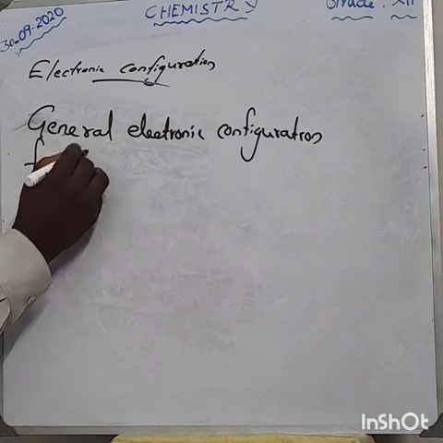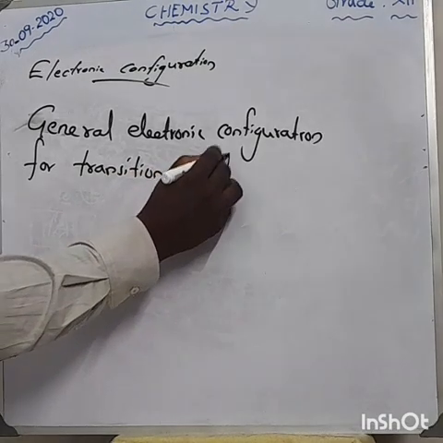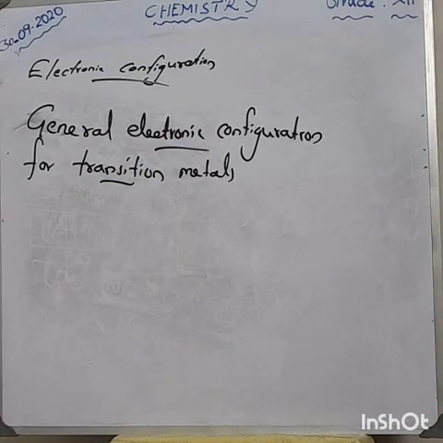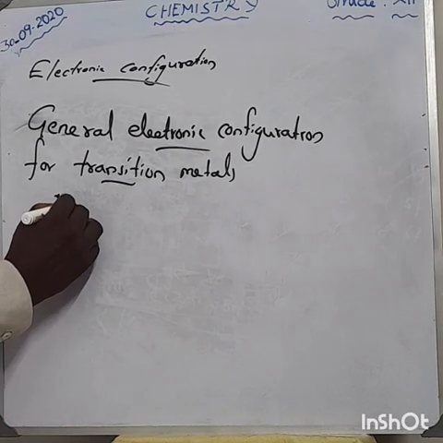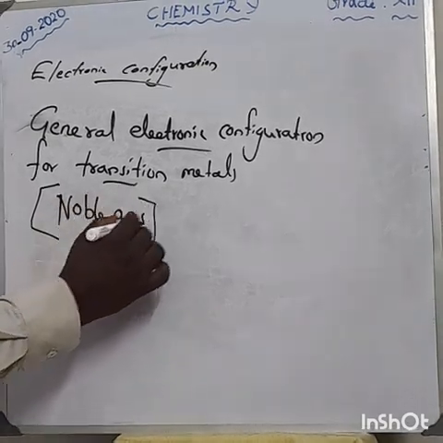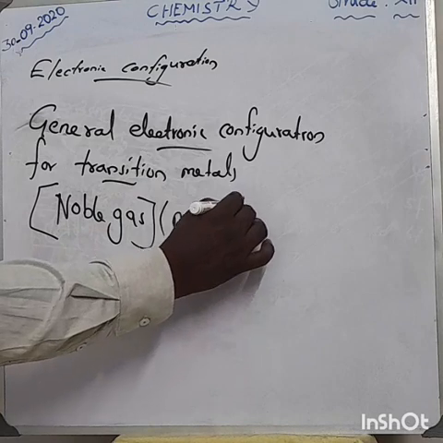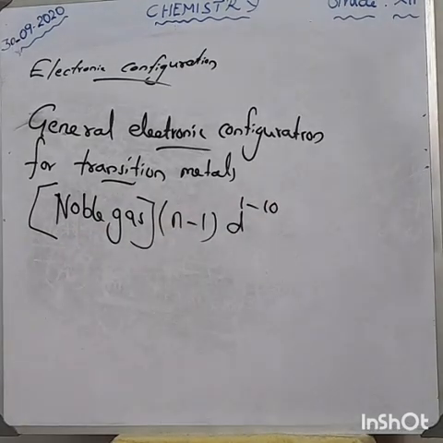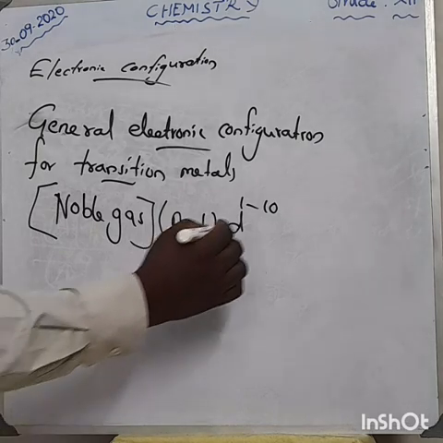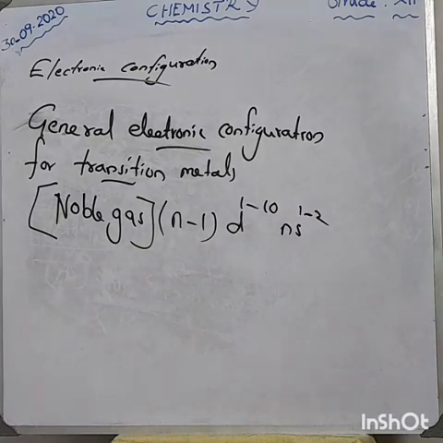General electronic configuration for transition metal we can write as noble gas, (n minus 1) d 1 to 10, and also ns 1 to 2. That is the general electronic configuration of transition metals.